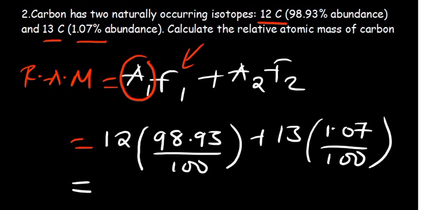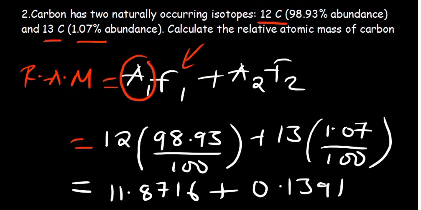So 98.93 divided by 100 multiplied by the 12, I'm getting 11.8716 plus 1.07 divided by 100 multiplied by 13. I'm getting 0.1391.